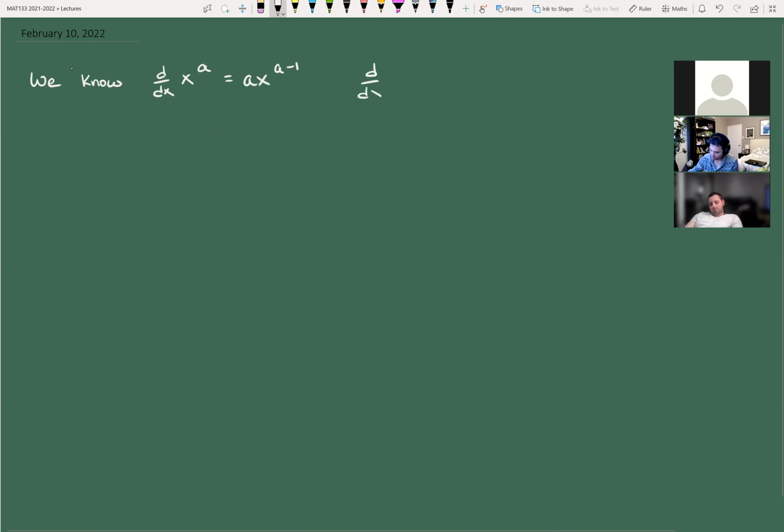But if the variable is in the exponent, then you have to do something a little bit different, right? That's not the power rule. But now the question is, what do you do if you have an x both in the base and the exponent, right? How do you deal with something like this?